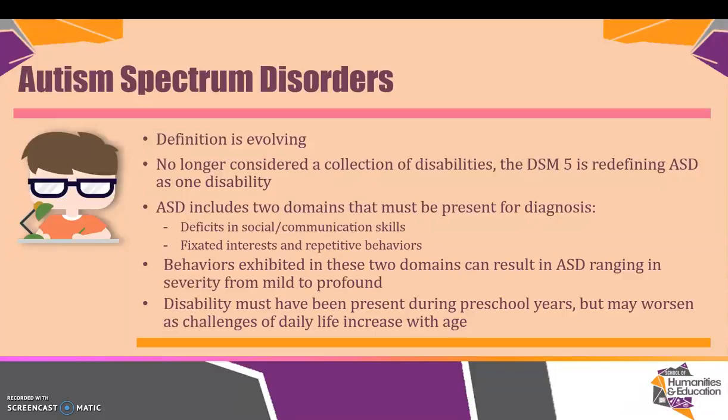Behaviors exhibited in the two domains can result in autism spectrum disorders ranging in severity from mild to profound. And what is significant is that the characteristics must be noted in the very early years.